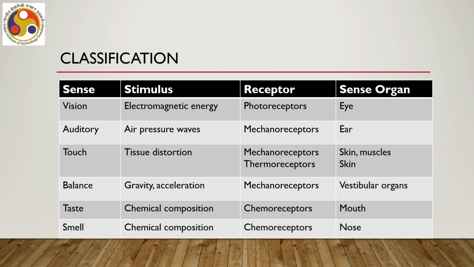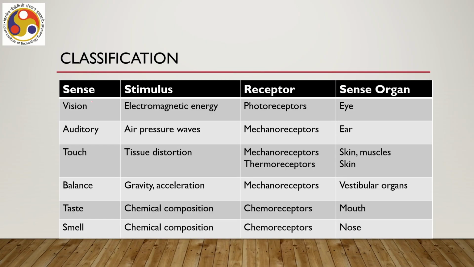Now, let us have a quick look at the different sense organs that we have. So, we have the vision sense, we all know. In this case the stimulus is electromagnetic energy that falls on our eye. The receptors that are part of this sense are photoreceptors, and the sense organ we all know is the eye.